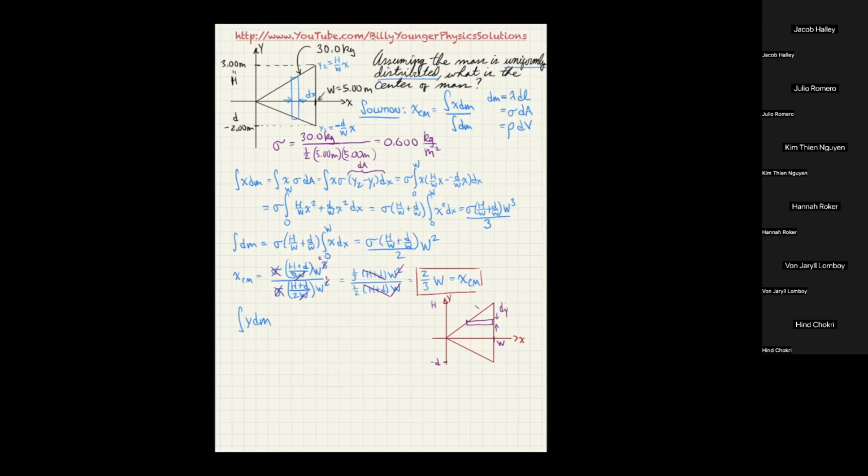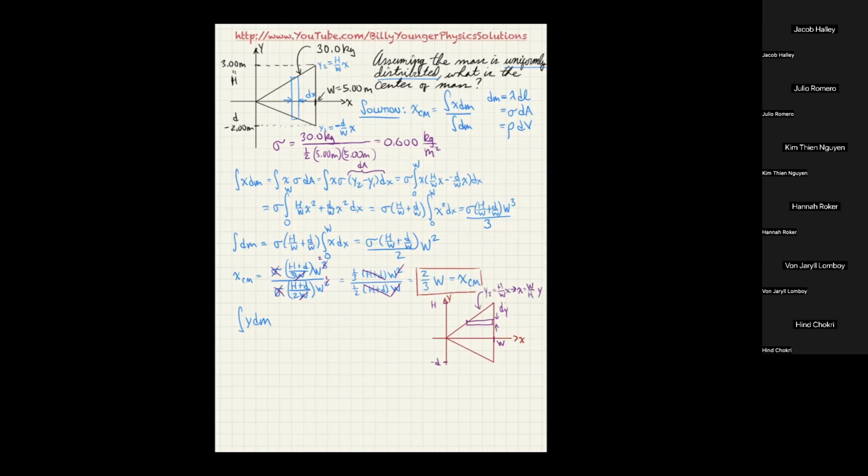This line, which was y2 equals h over w times x, is now going to be x equals w over h times y. So I'm just going to go from w over h times y to w.